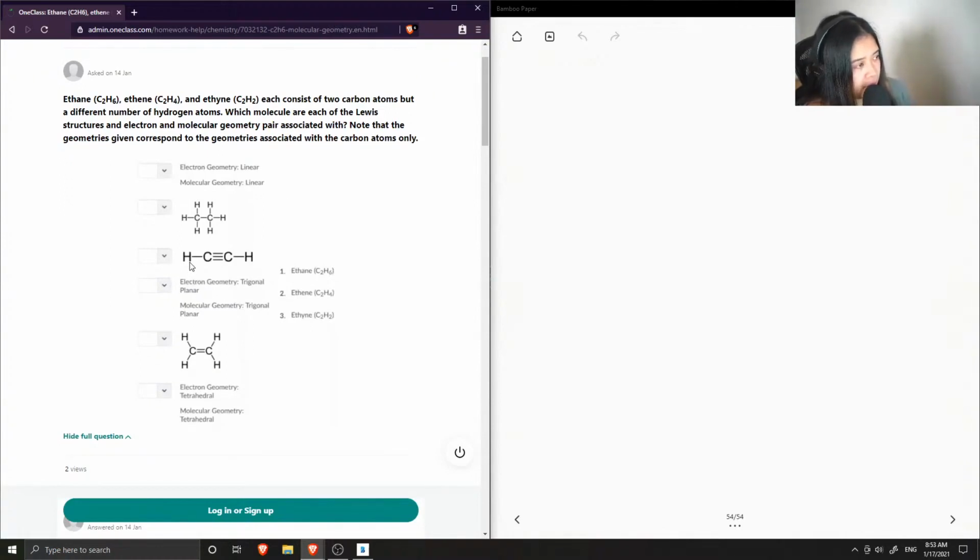So here it's one of those interactive questions where, if you have ethane, ethene, or ethyne, you label which of these electron and molecular geometry pairs associates with that structure and also with that chemical compound.